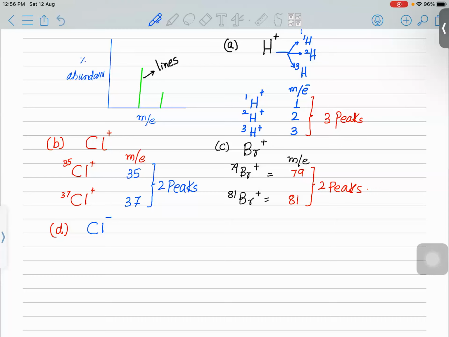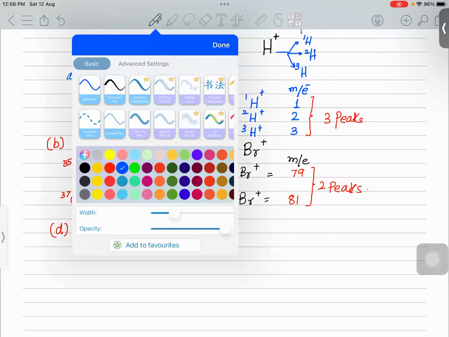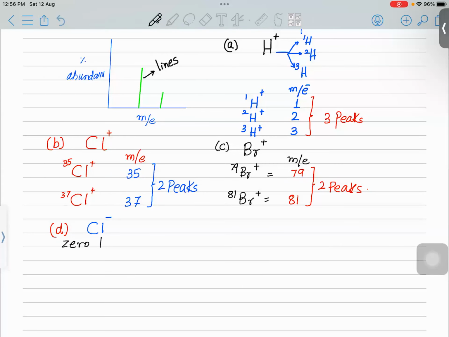Okay, anyone else? 2 peaks? 0 peaks. 0 peaks because we consider only positive ions in mass spectrum.